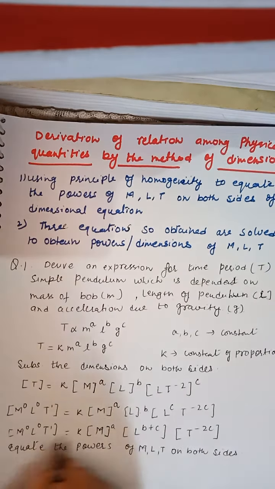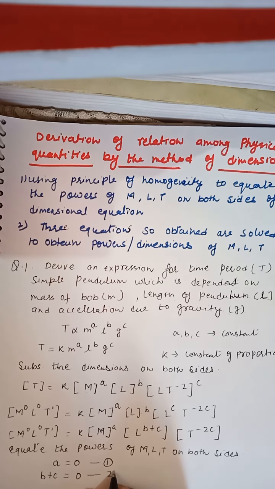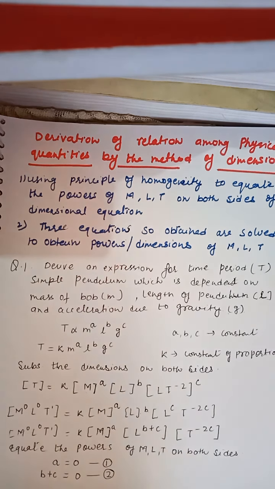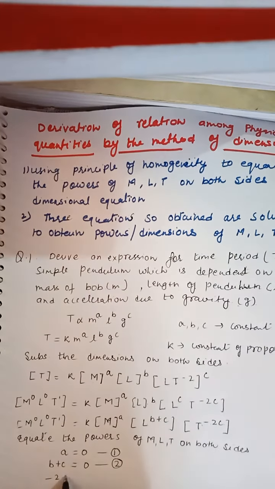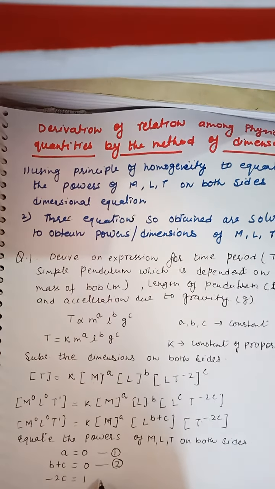So a is equal to 0. This is one equation. Here L to the power b plus c, here L to the power 0. So b plus c is equal to 0. This is the second equation. And third is what? Third is T to the power minus 2c here and T to the power 1. So minus 2c is equal to 1.